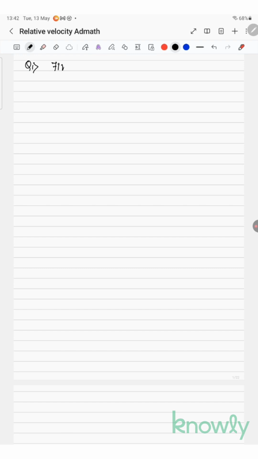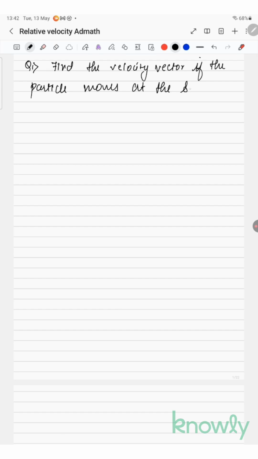Find the velocity vector if the particle moves at the speed of, let's say, 5 root 2 meters per second in the northeast direction.